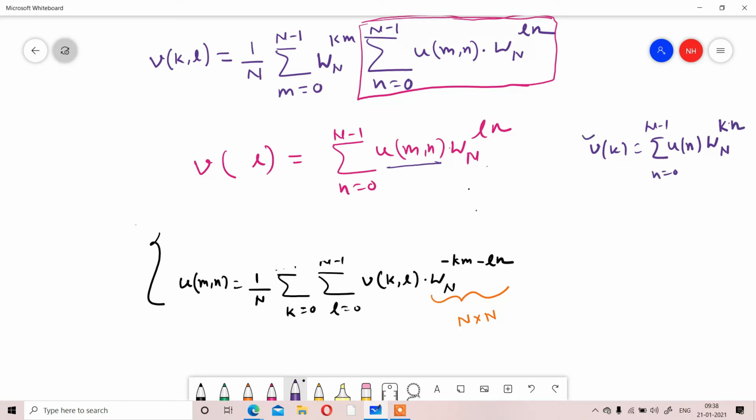That was the expression for your 1D. Are both the expressions the same? Both the expressions are not the same. Here u of n that you have used is 1D, but here u of mn you are using is 2D. Then what will be the expression, V of L or something else?